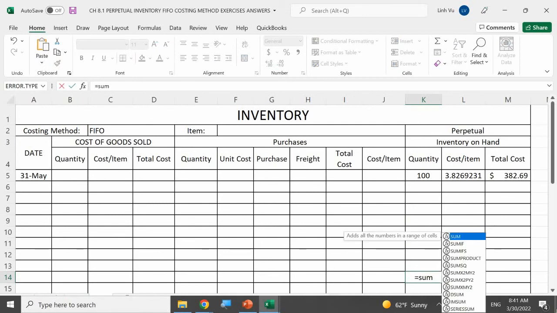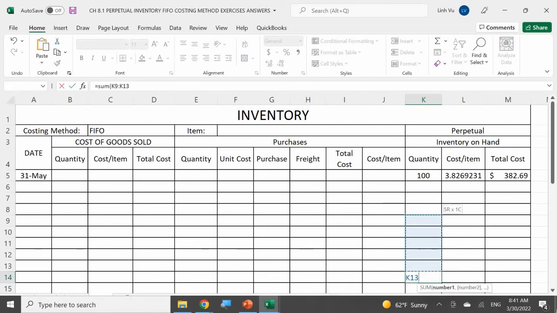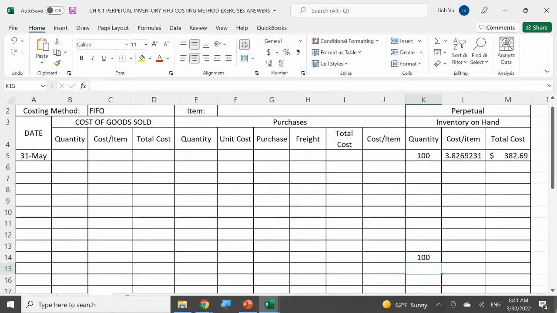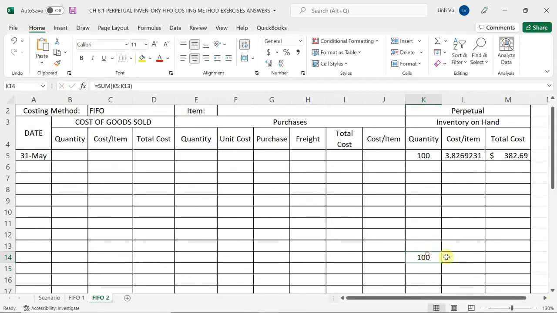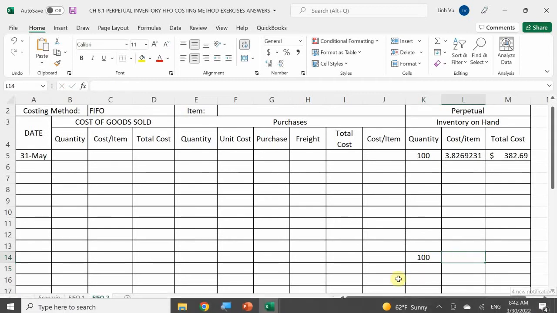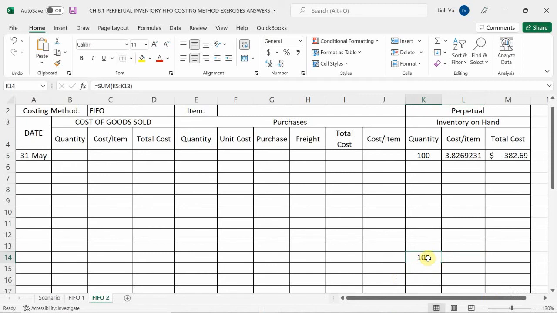So equal sum is how we sum up our columns, okay? So equal sum, right? It's going to be equal sum. If you want to use tab to activate the formula, you can. I just like to use the parentheses and then click and drag the cells that you want to tally up, to sum up.